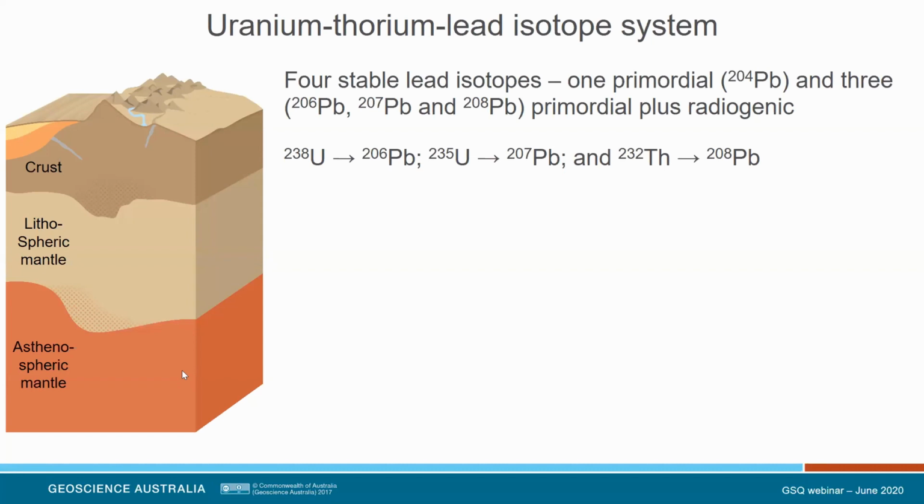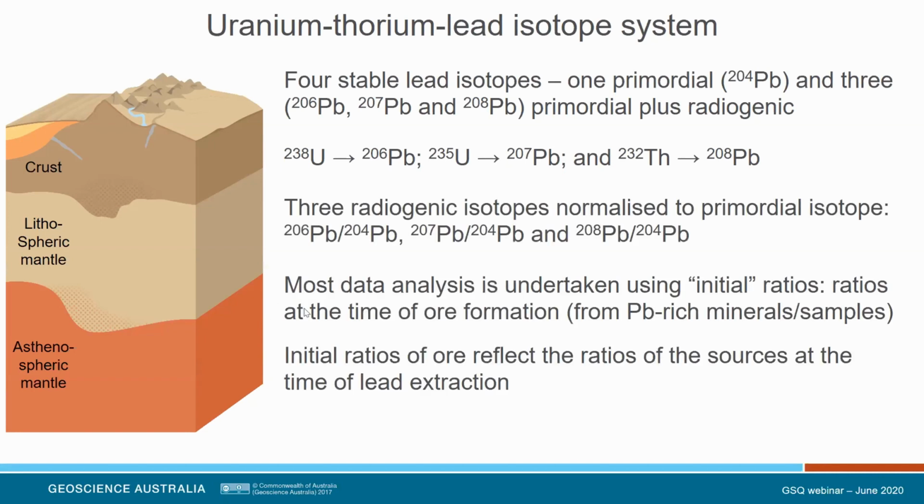One of them, lead-204, is primordial, and 3, 206, 207, and 208 are primordial plus radiogenic, where the 206 is the decay of uranium-238, 207 is the decay of uranium-235, and 208 is the decay of thorium-232.